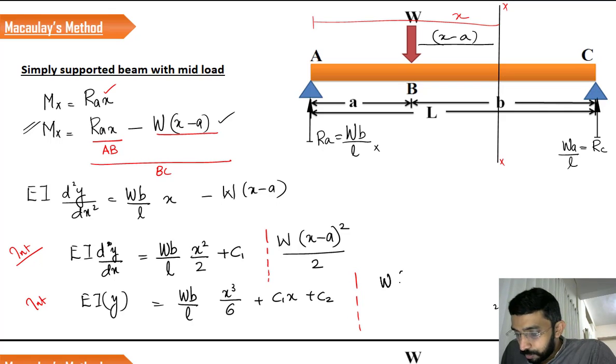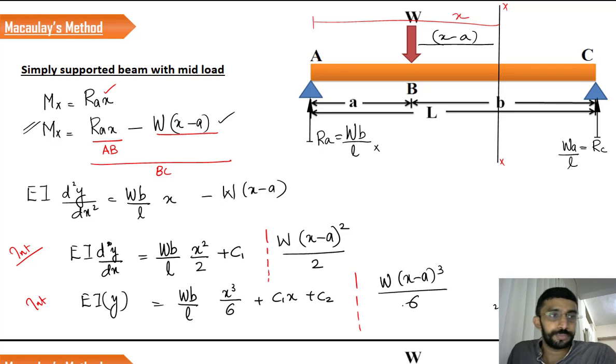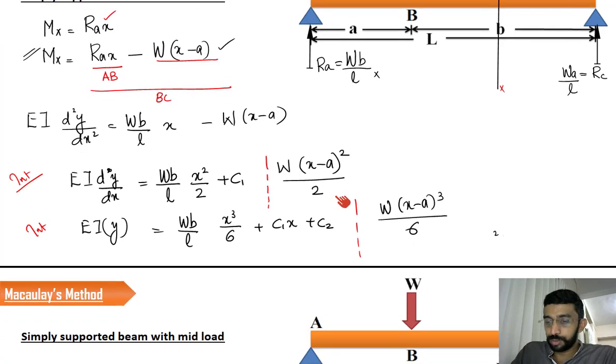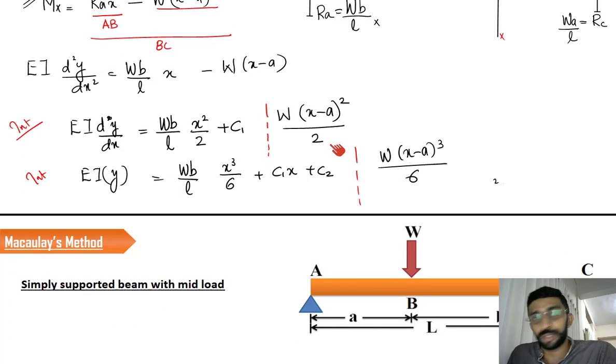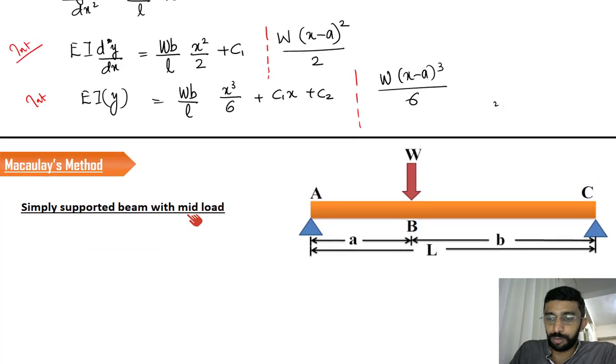Now it is W into (x minus a) the whole cube by 6. So this is how the equation is going to look, right? These two changes have to be kept in your mind: the changes in integration, and the position where you have to give the integration constants, right? Now you might be knowing how the procedure goes on.